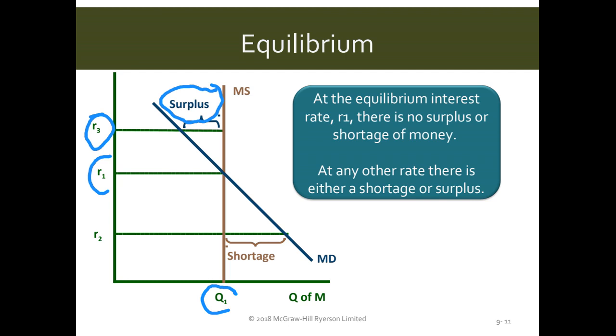Why? Because the interest rate is very high, R3. If interest rate is low, then you can see people demand more money, but the supply is only this one, that is Q1. So there's a shortage. So we have surplus of money, we have shortage of money.